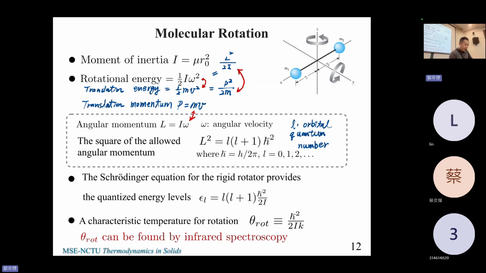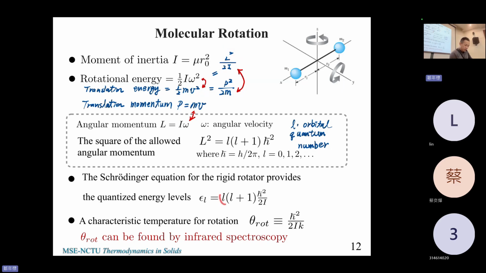So they found that the rotation energy is actually related to the orbital quantum number. If you have higher L, you will have higher angular momentum. So if you have higher angular momentum, you substitute here, you can find higher rotational energy, L squared over 2I.